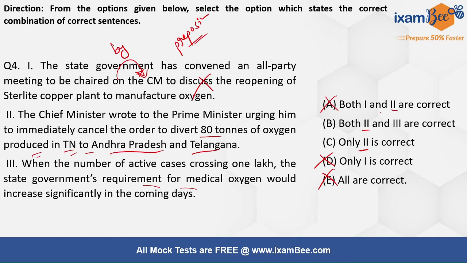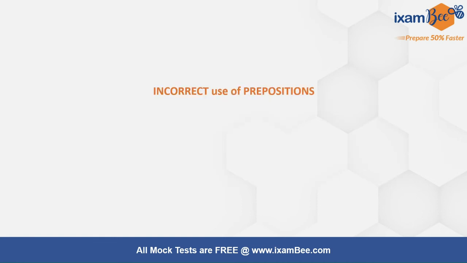So this is wrong. It should be with the number of active cases crossing 1 lakh. So this is incorrect usage. Then again, our correct answer will be that only 2 is correct. All right. And this is the rule that the prepositions have been used incorrectly here.